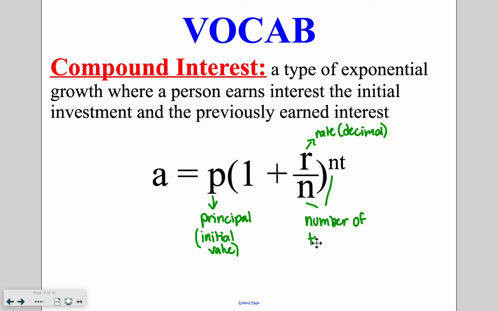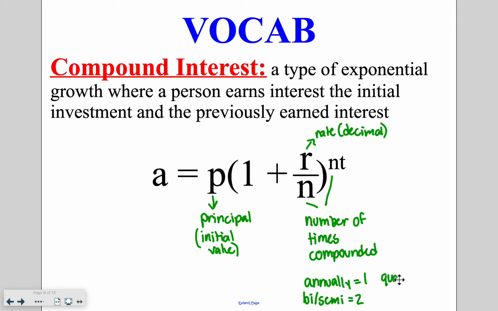So what that means is as they are calculating interest, it's going to happen at different intervals throughout the year. If it happens annually, it happens once. So your n would be 1. If it happens biannually or semi-annually, both of those have the same prefix and mean the same thing, that is twice per year.